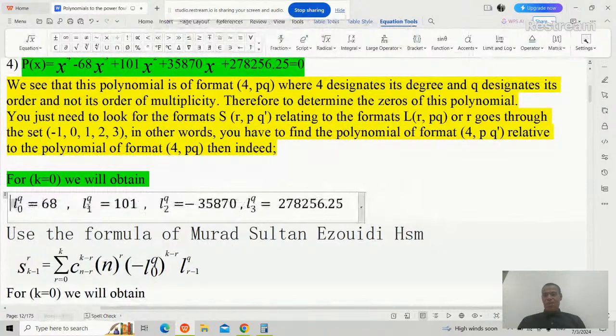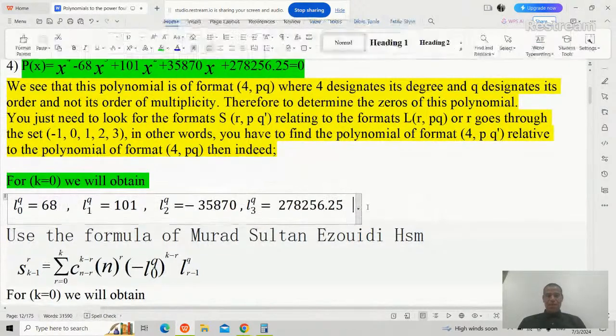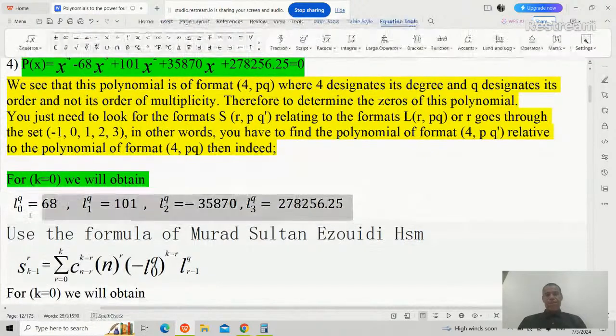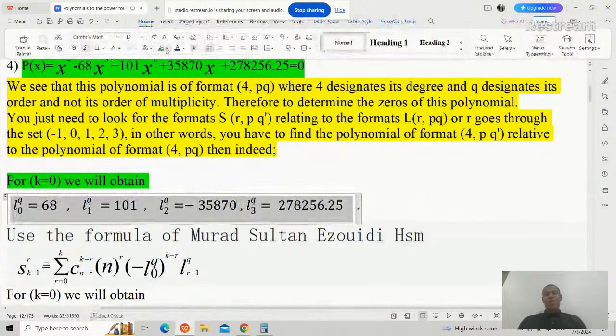I just need the first 4 coefficients of my original polynomial. These are called the coefficients of my original polynomial, learners. I will use them to find the values of S0, S1, S2 and S3.